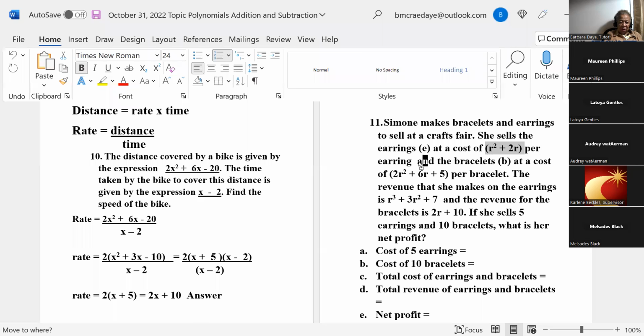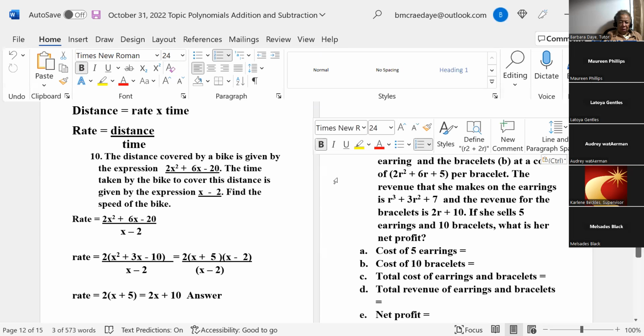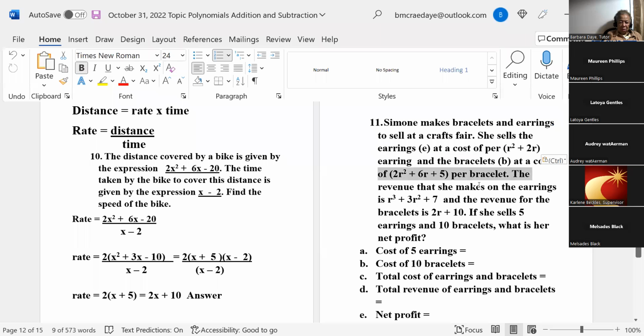Okay. Let's just underline that. So we're picking out what we need. And the bracelets cost what? 2r squared plus 6r plus 5.